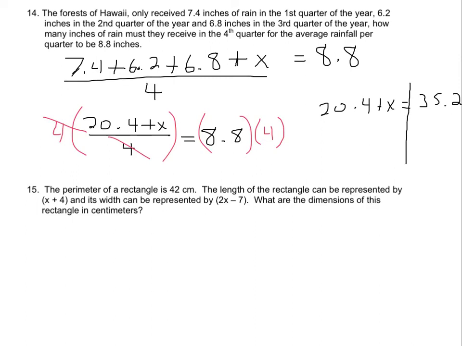So I have 20.4 plus x, so I'm going to add a negative 20.4 to both sides. Okay. And I'm left with x equals, and that's going to give me 14.8. So the value of x is 14.8. So what that's telling me is that in the fourth quarter, I need 14.8 inches of rain to average out to 8.8 inches for each quarter.